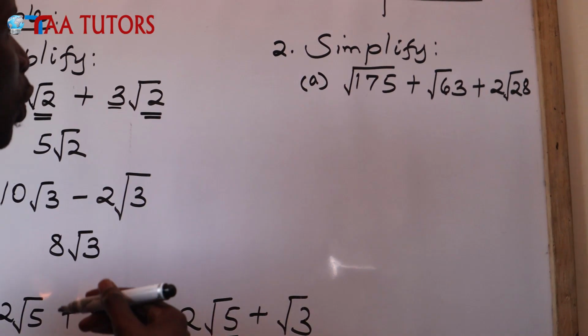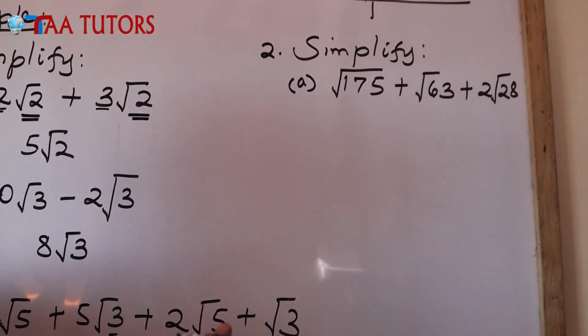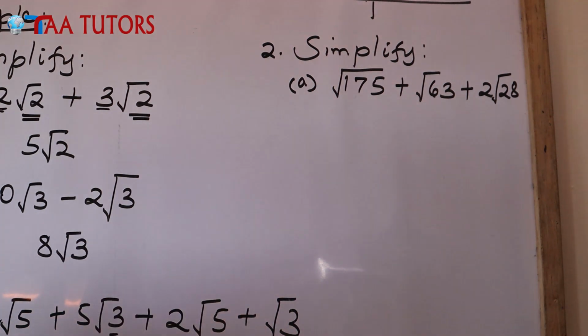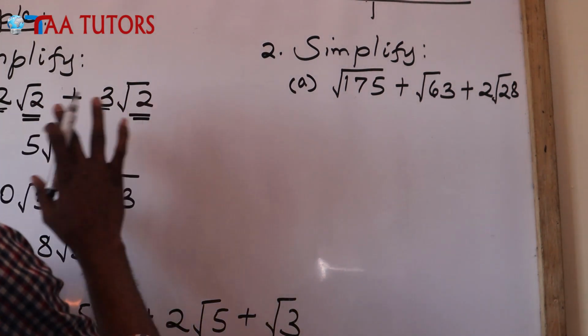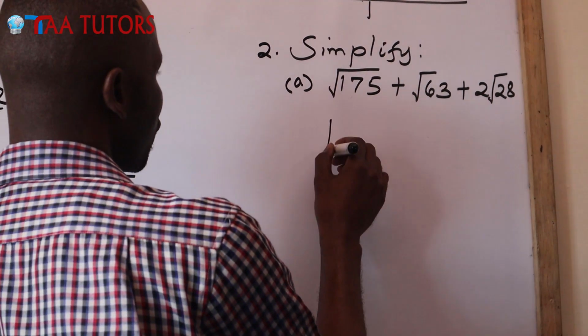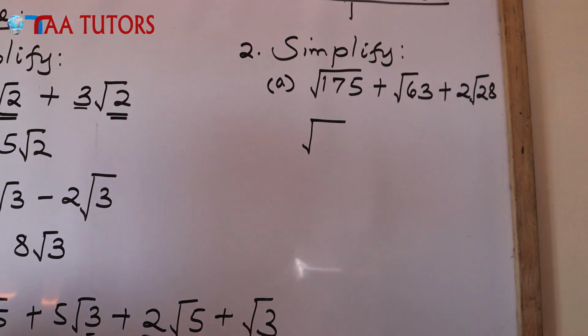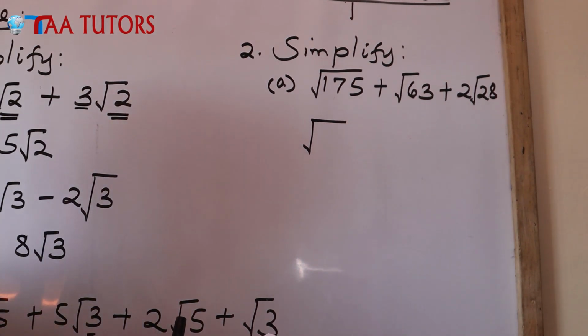But I want us to remember what we did in the first part of this lesson, which was simplification of surds. Can we simplify surd 175? And if we can, can we see something that will show up when it is in the simplest form? Let's see that. Surd 175 we simplify by 25 times 7.